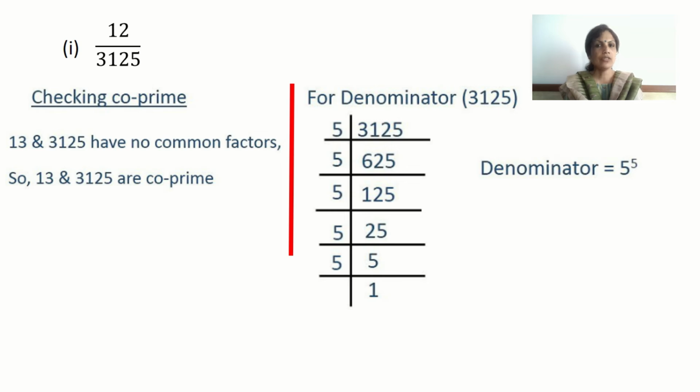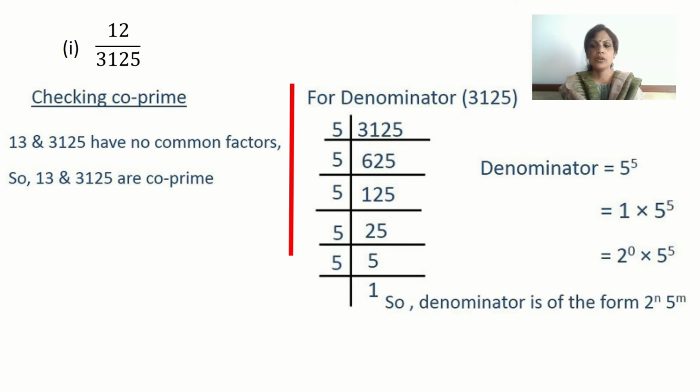Now this 5 raised to 5 we can write in the form 1 into 5 raised to 5. 1 I can write in the form 2 raised to 0, as any number raised to power 0 is 1. So in place of 1 I can write 2 raised to 0 into 5 raised to 5. So the denominator is of the form 2 raised to n, 5 raised to m.